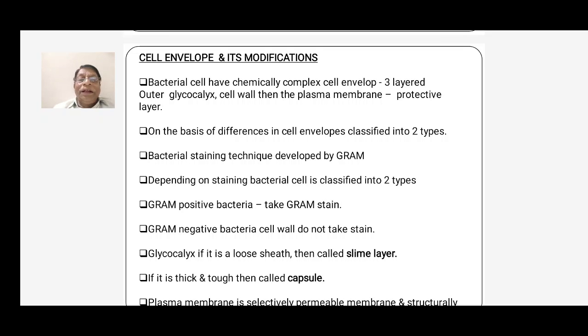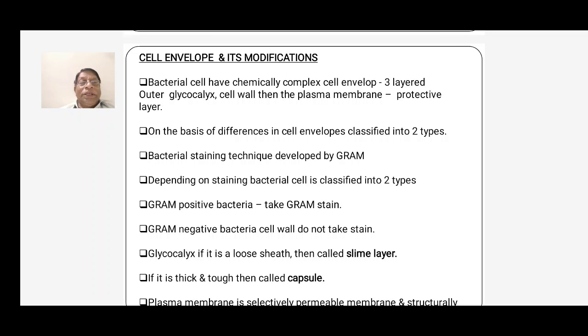The bacterial cells which take stain are called gram-positive bacteria.